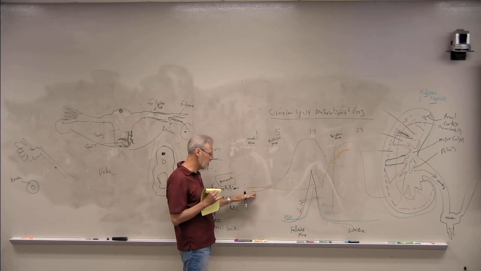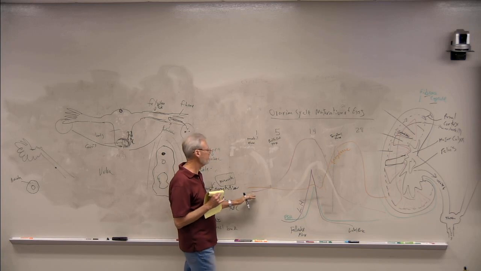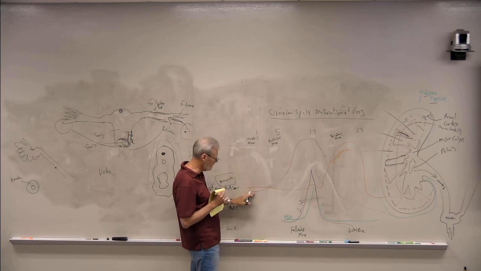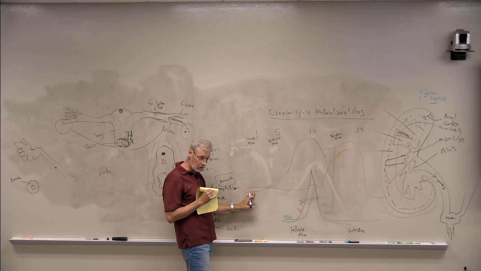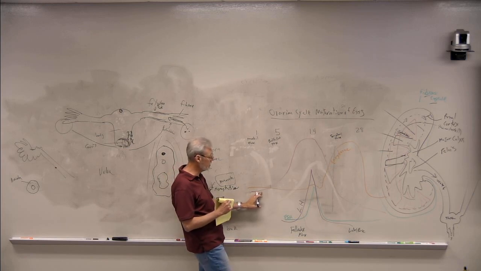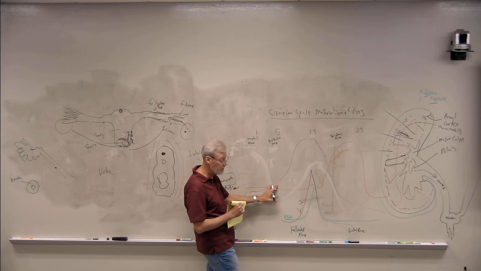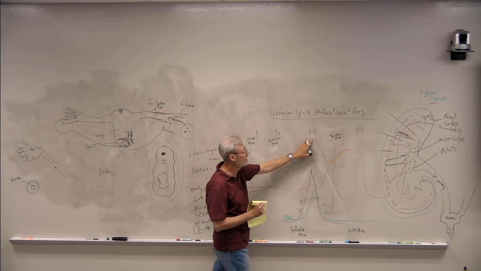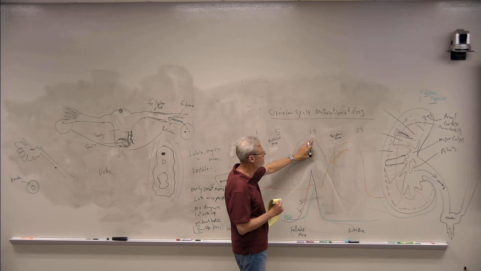Number 1 is the estrogen, okay? Notice on day 1, the estrogen is very low. That's when the lining flakes off. But you notice about day 5, the estrogen levels come up. Estrogen is secreted from the follicle, right? That's where it comes from.